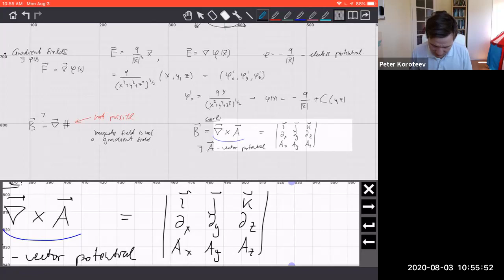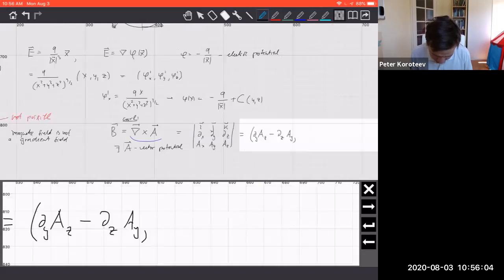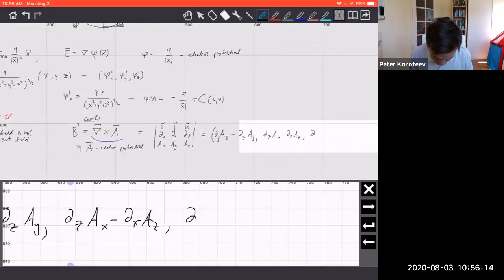Which would give you the vector with components dy az minus dz ay, dz ax minus dx az, and finally dx ay minus dy ax.